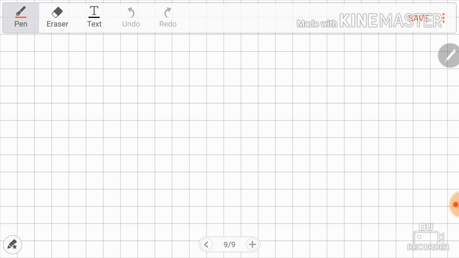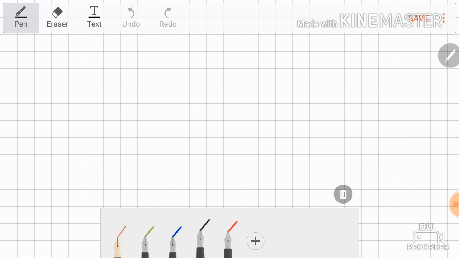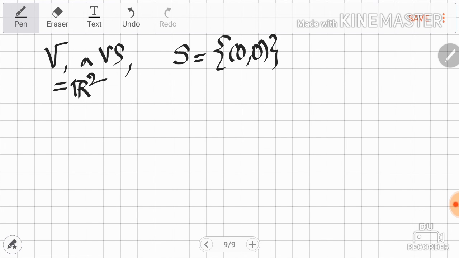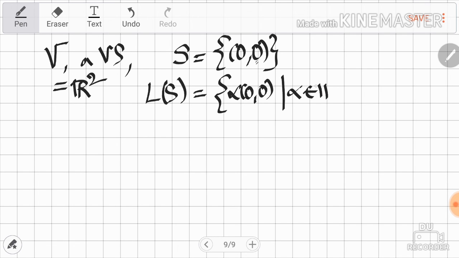Okay, so we see that when you start, given a vector space, let's take R2 as an example. When you take S as simply the point situated at the center of the plane, which is the origin, you notice that when you take L of S, it will be the set of all scalar multiples of this vector. But if you take the scalar multiples of this vector, you know that alpha will be absorbed inside, and finally you will be left with the same set.